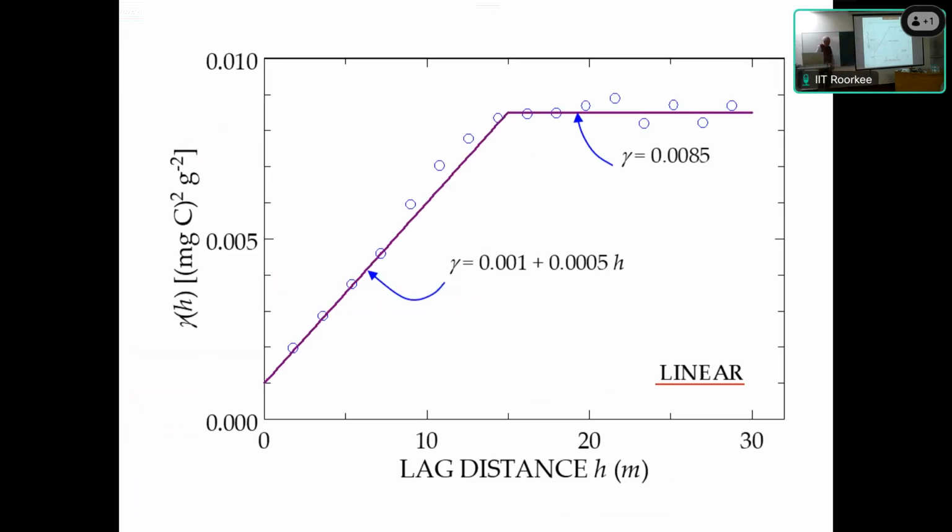The semi-variogram for this data set is what we have looked at earlier. So we used here a linear model to fit it. And that's the equation. Up to a distance of about 15 meters, samples of microbial biomass were spatially correlated.